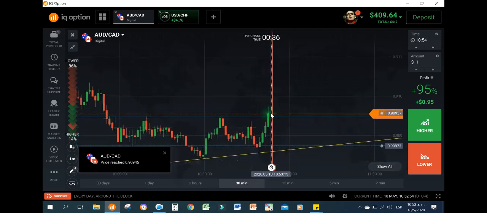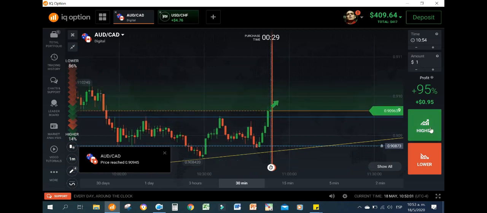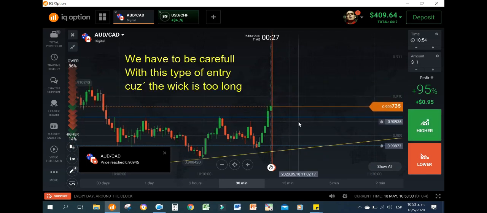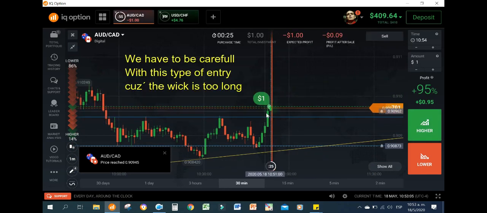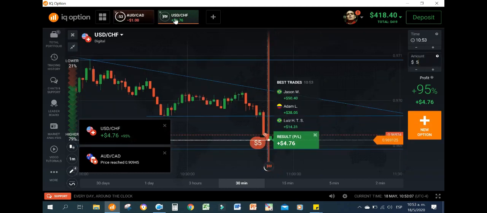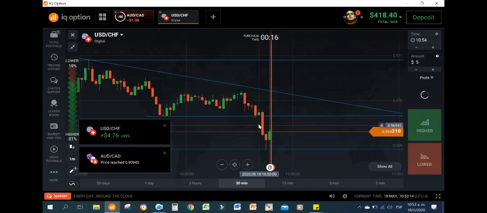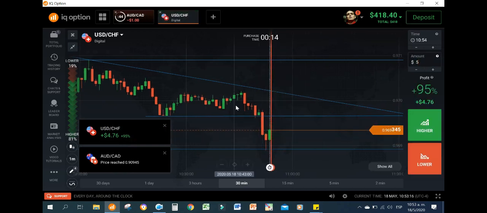So if this candlestick closes, okay, no. Okay, we won this trade because of the breakout. The breakout was very clear and very strong.